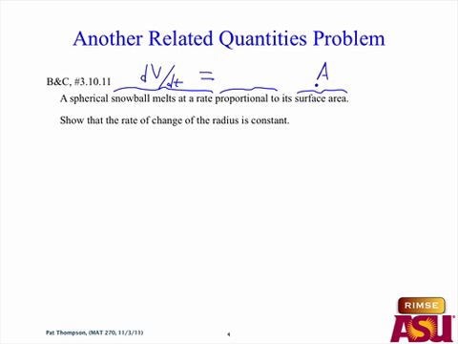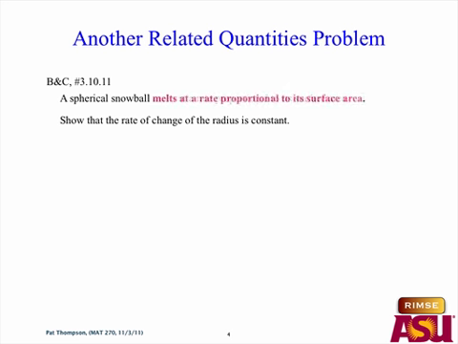Agree with that? Joe? Wouldn't it be dV dt is equal to some constant times A? Right. So we have a constant of proportionality. So the rate of change of volume, that's what that's saying. Okay? So melts at a rate proportional to surface area.